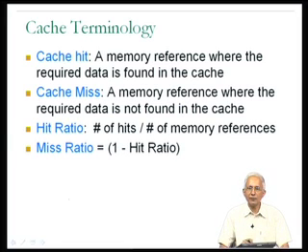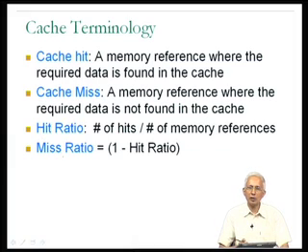Okay, now we could quantify how successful a cache is in satisfying the requirements of a program in terms of memory references by a measure called the hit ratio. And the hit ratio is computed as the number of cache hits divided by the total number of memory references. So for example, if a processor makes 100 memory references and 90 of them are actually hits inside the cache, then I would talk about this as being a situation with a hit ratio of 0.9, which may also be described as 90%.